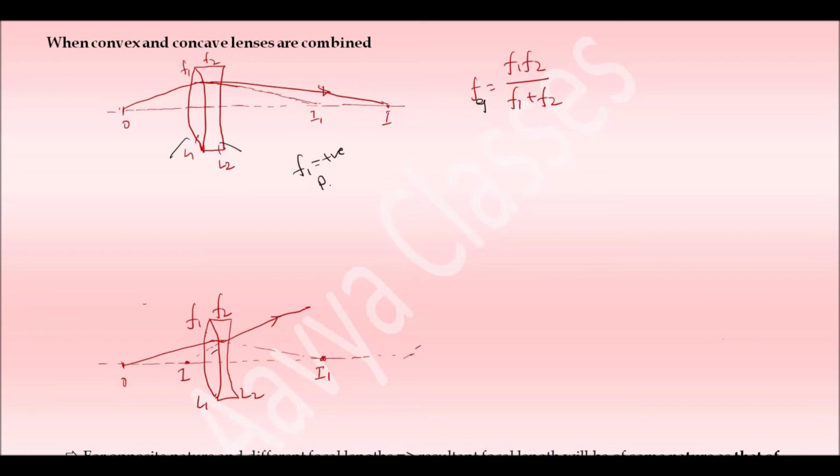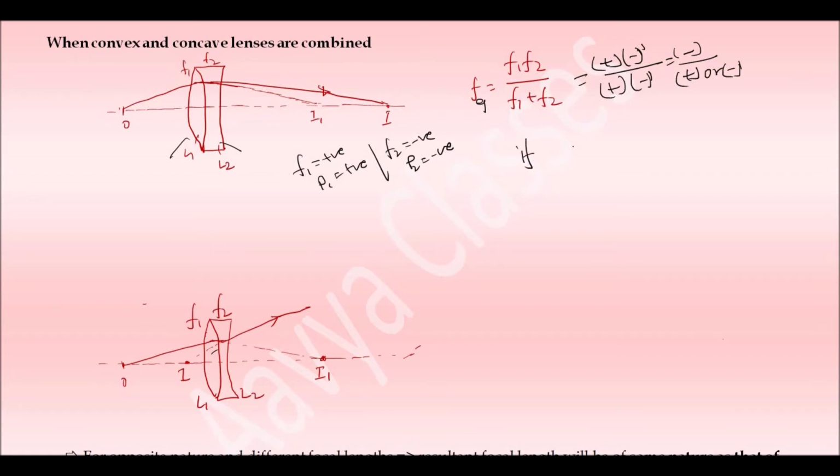The power of a convex lens must be positive, and similarly F2 comes with a negative sign, so the power of F2 is a negative value. So basically in the numerator we are multiplying one positive quantity with one negative quantity, and in the denominator we are adding one positive with a negative value. So in the numerator we have a negative quantity, and in the denominator we have either positive or negative.